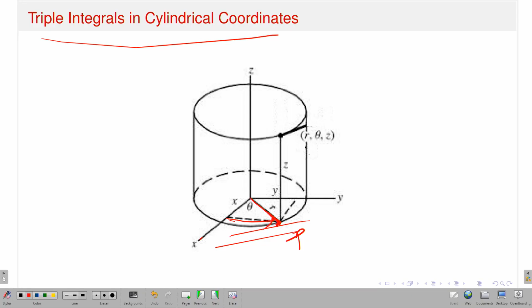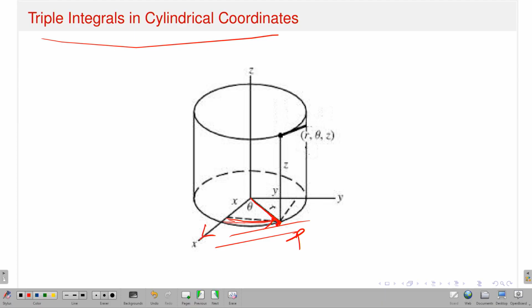So, each point in the xy plane I can represent as r comma theta.